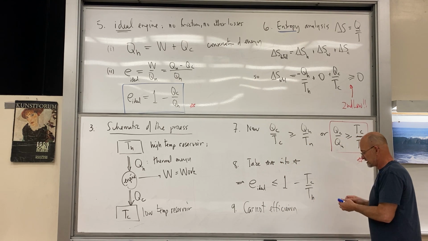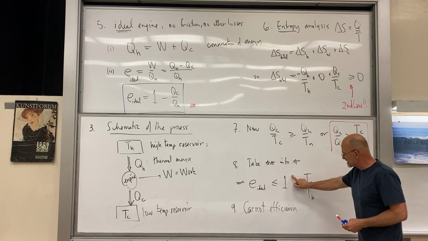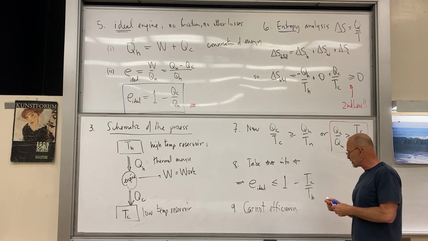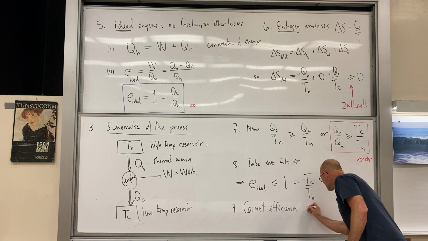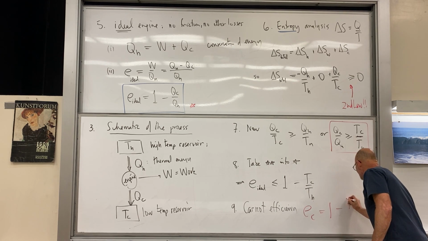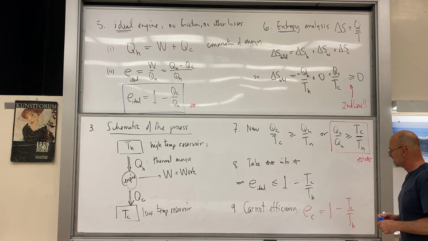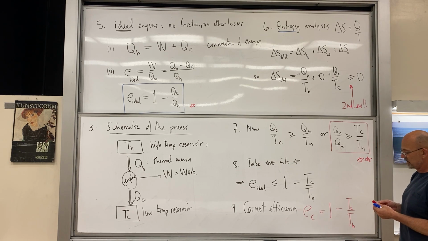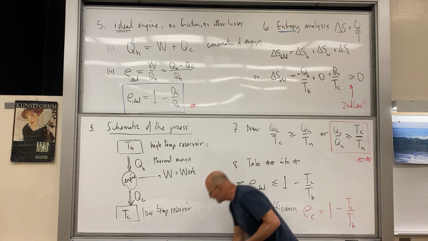And that is defined as just this expression here with the equal sign. So E sub C is equal to 1 minus T cold divided by T H. That's the Carnot efficiency.